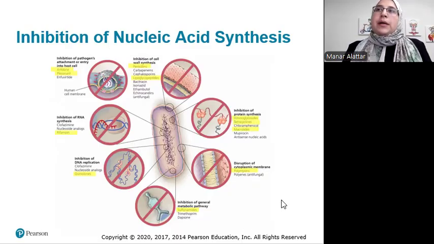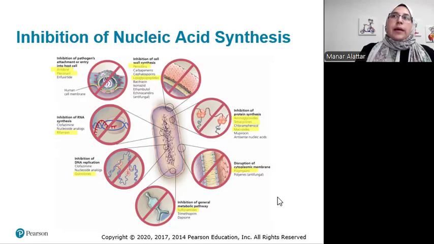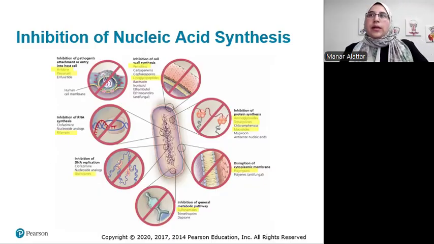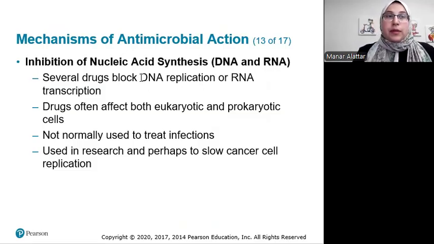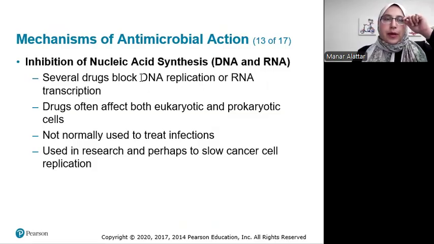We have a number of different antibiotics that inhibit nucleic acid synthesis, but we're going to focus in on quinolones. Essentially, nucleic acid synthesis could be DNA replication or it could be mRNA transcription, right?